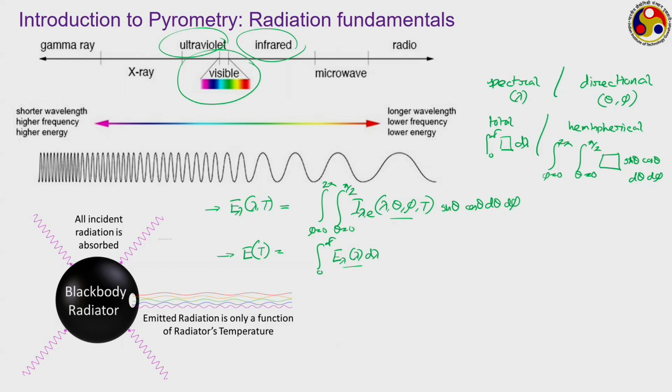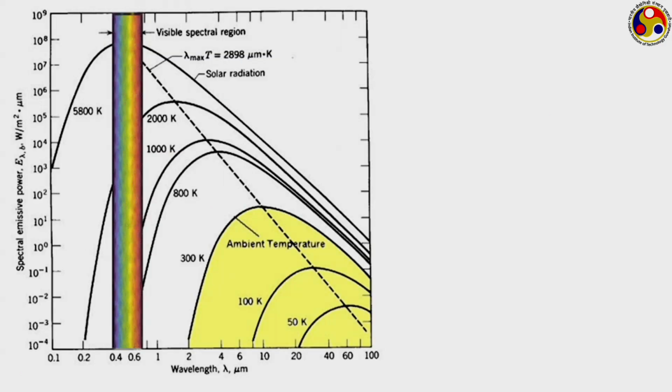When we are talking about a black body, that is for a given temperature, that is the maximum emission that we can get from this particular surface, but the emissive power keeps on varying with the temperature of the surface. If we plot that, then we are going to get a curve like this, where we have the wavelength lambda on one side and spectral emissive power E lambda b, which I just talked about, on the other side.